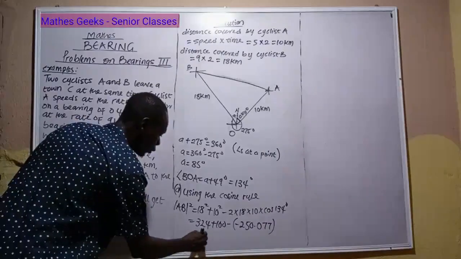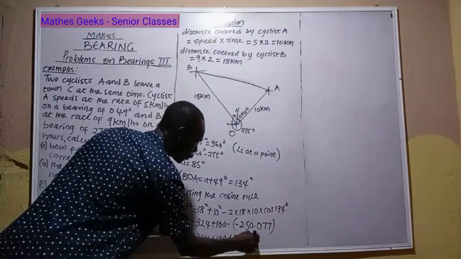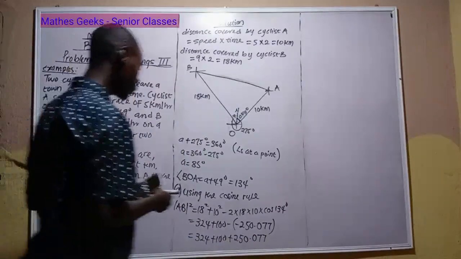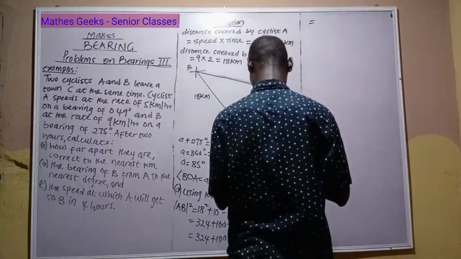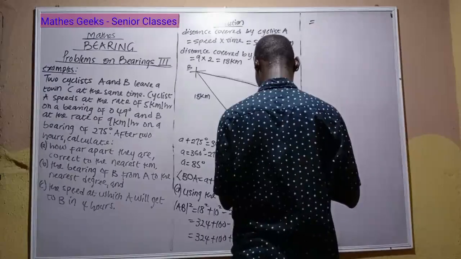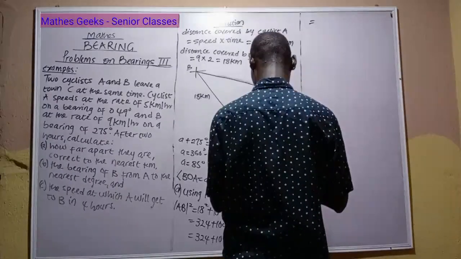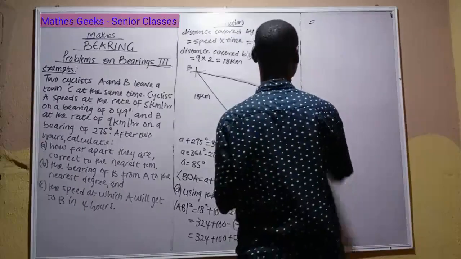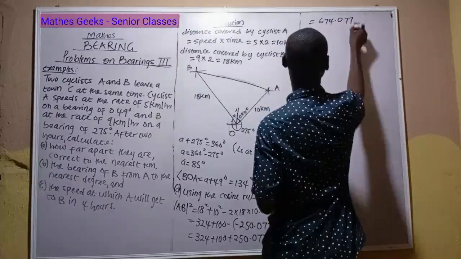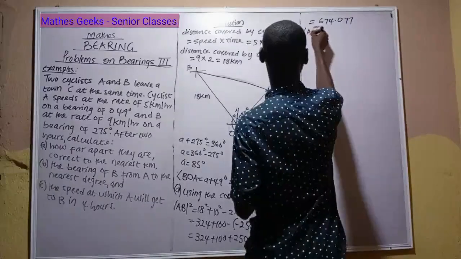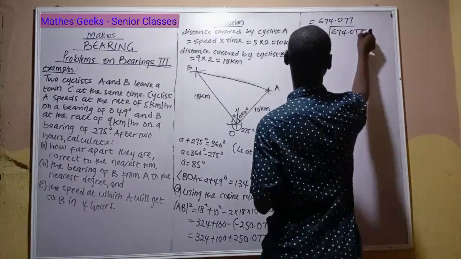This will give you 324 plus 100 plus 250.077, which is 674.077.